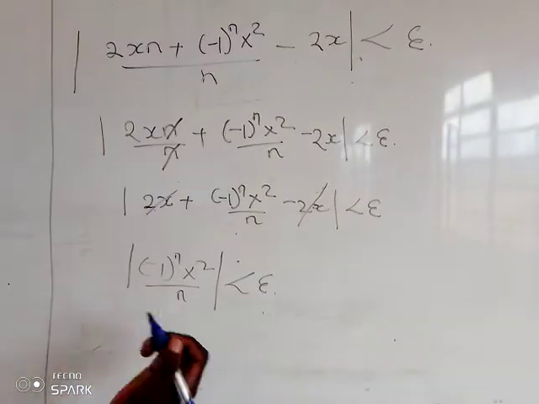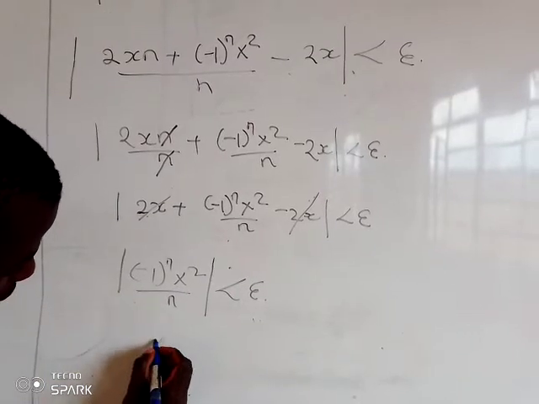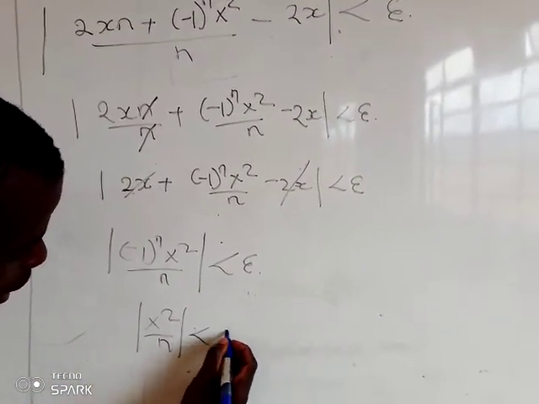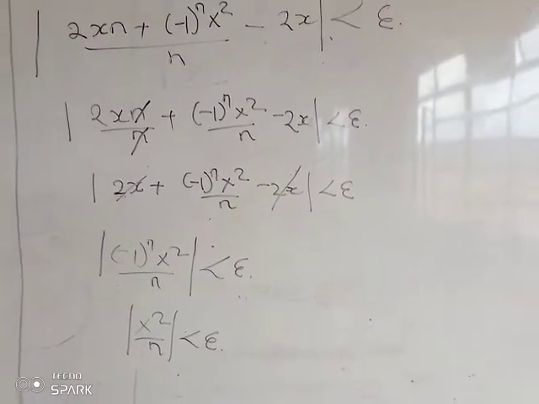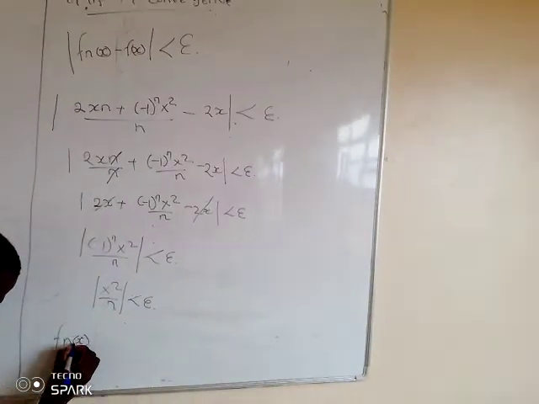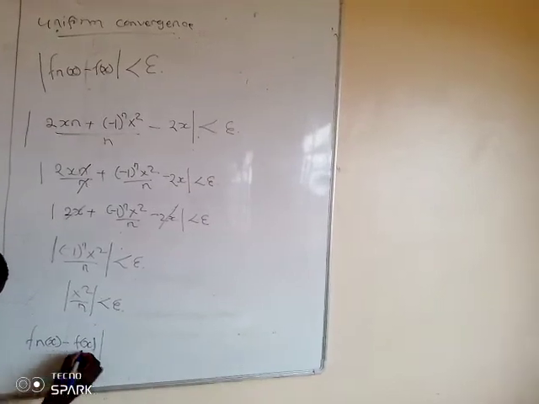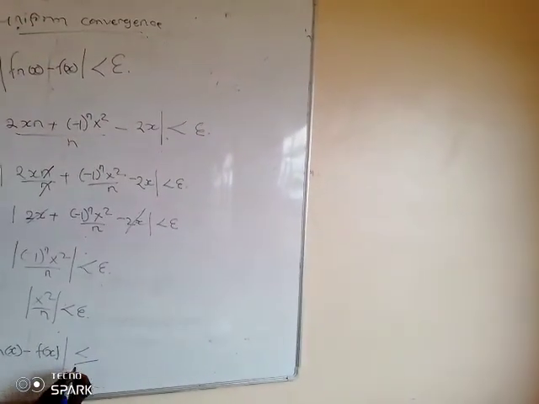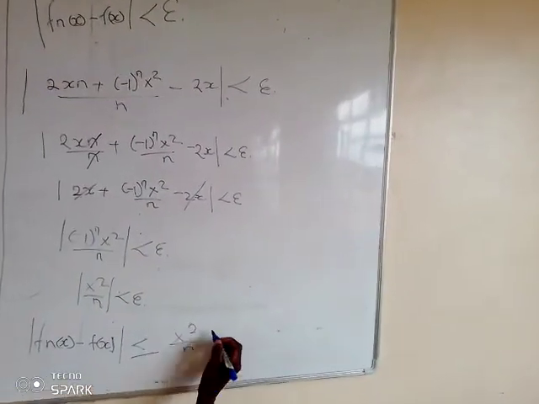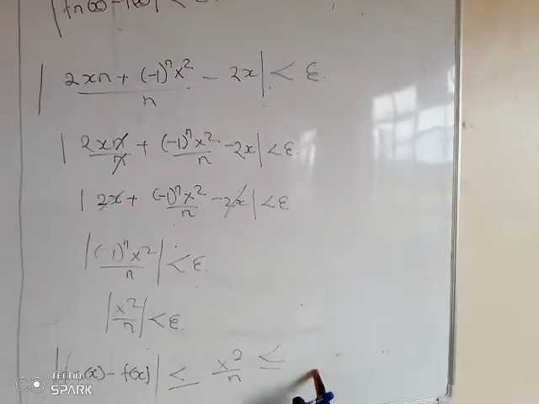So we can conclude that the absolute value of x squared all over n is less than what? Epsilon. From the formula, f_n of x minus f of x in absolute value is less than or equal to what? Our x squared all over n.